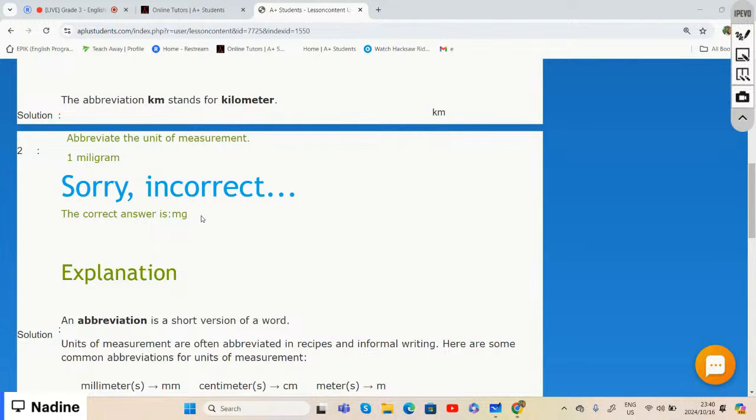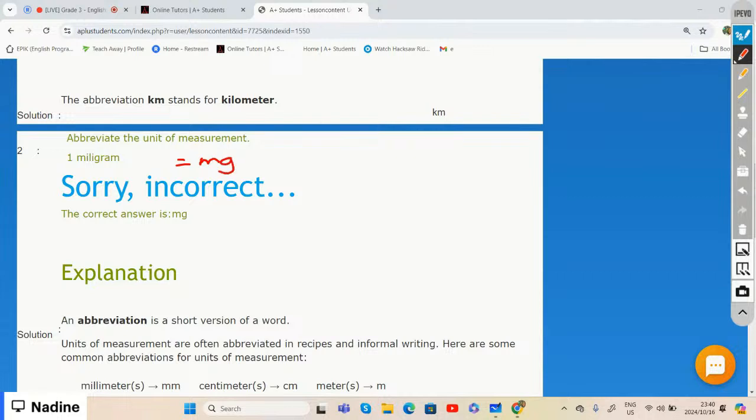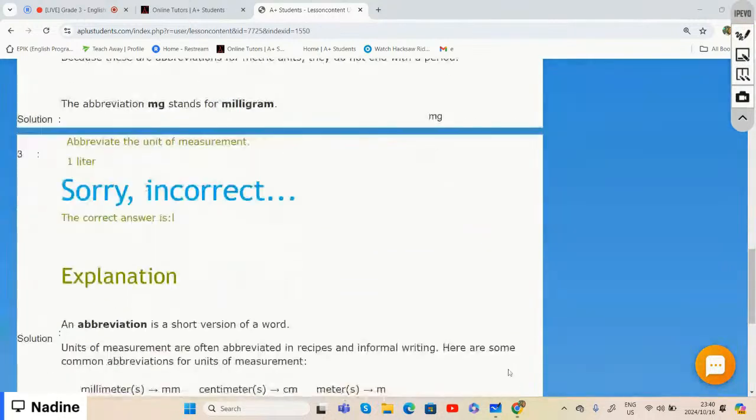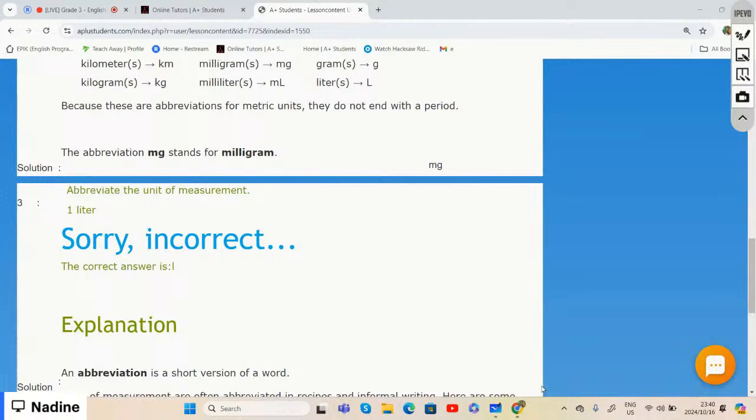All right, and if we were to select our abbreviated form for milligram, then yes, well done. MG for milligram. Well done. MG for milligram. And then lastly, 1 liter of milk.